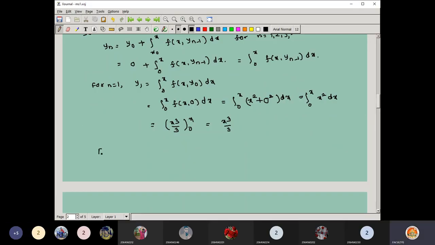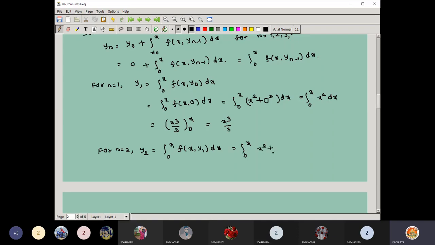So I'm directly getting for n equal to 2, the second approximate y2, directly in the formula: integral 0 to x, f of x comma y n minus 1, which is y1, dx. It is integral 0 to x, f of x comma y type only. So just you substitute in your formula.